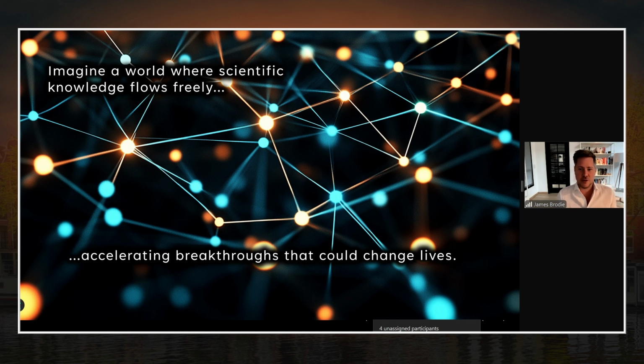SciGraph aims to make this vision a reality. It's going to serve as a catalyst for innovation, and it's going to do this in my world of decentralized science, or DSci. I'll talk a little more about what DSci is in a moment, but really what we're looking to do here is connect together fragmented knowledge and foster a spirit of collaboration.